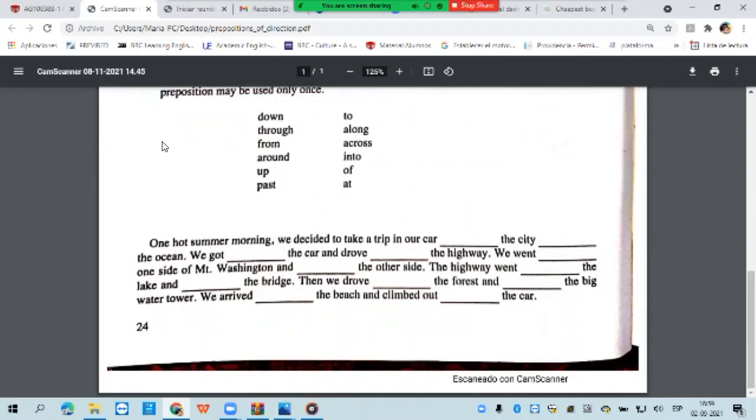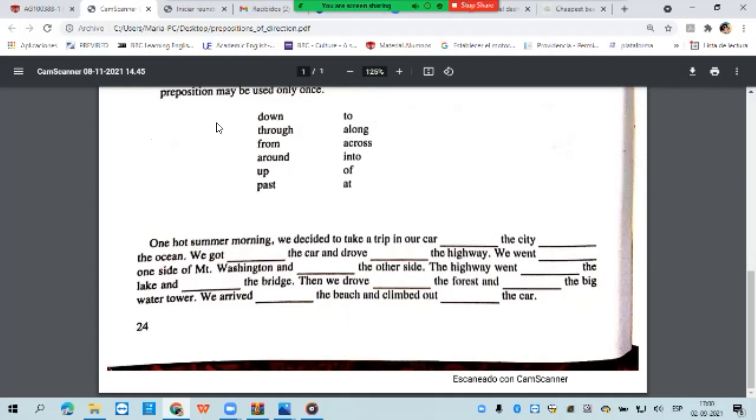Okay, good. Who can continue with the next sentence? We got at the car and drove around the highway. Camila? Also 50%.